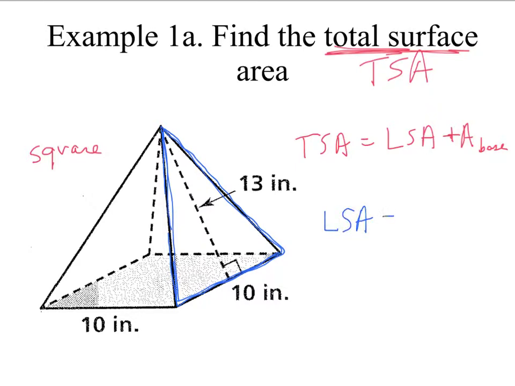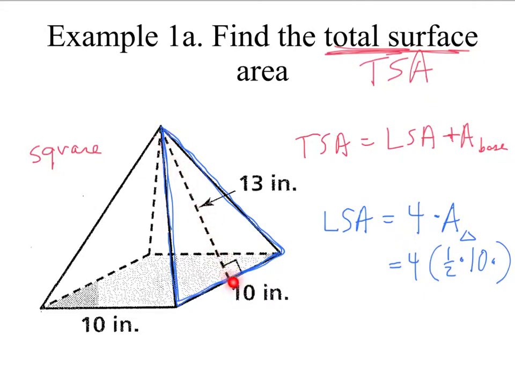The LSA will be 4 times the area of the triangle. What's the area of a triangle? 1/2 base times height. I believe the base is given to me as 10. And now I need the height. The height is also given to me. The height of the triangle is right there.